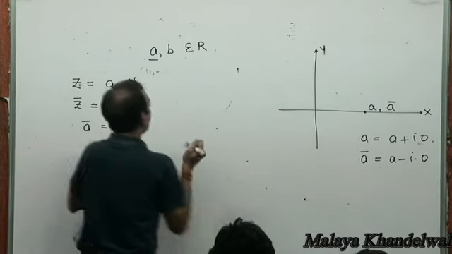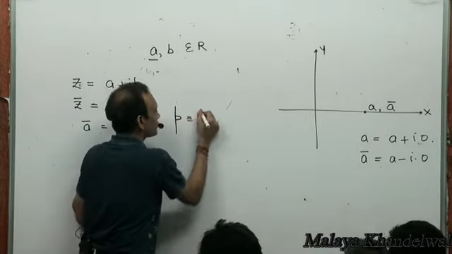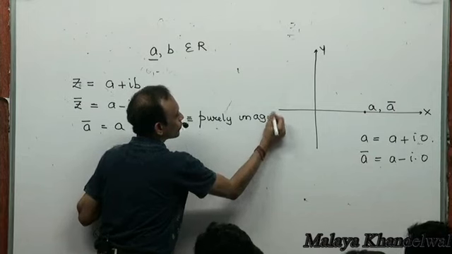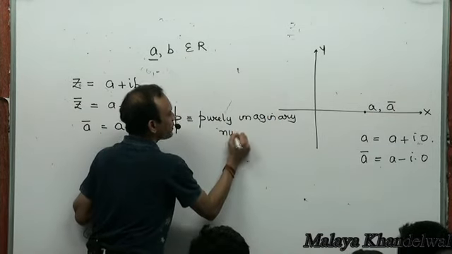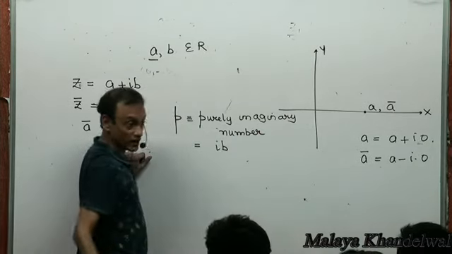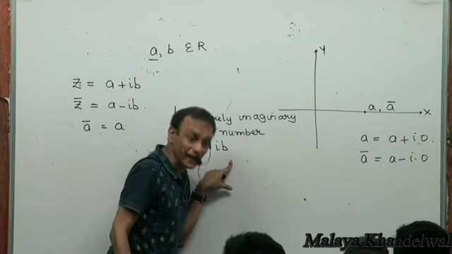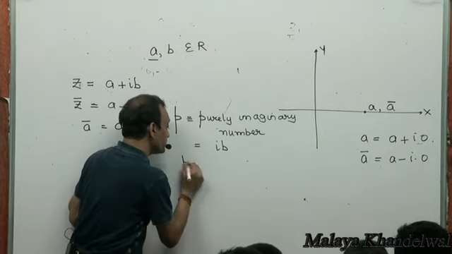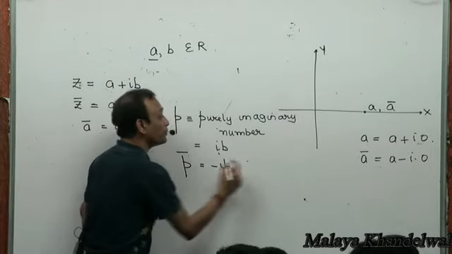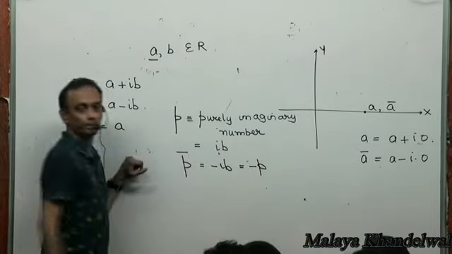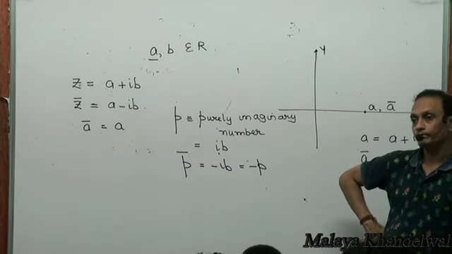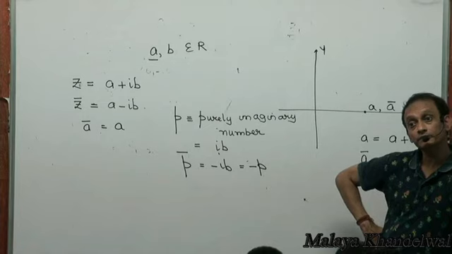Now, if P is a purely imaginary number, that is, say, iB, where B is a real number, then this is a purely imaginary number. Then what would be P bar? Minus iB. That means if P is a purely imaginary number, bar of P would be minus P. Is that fine?